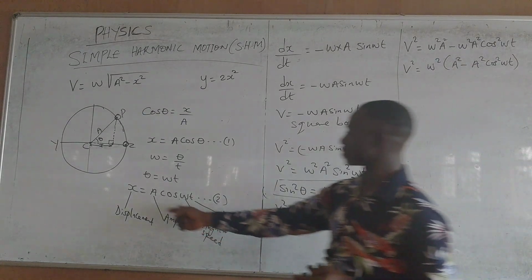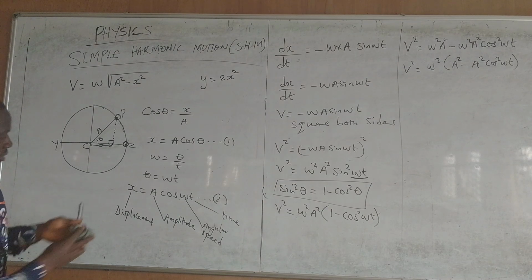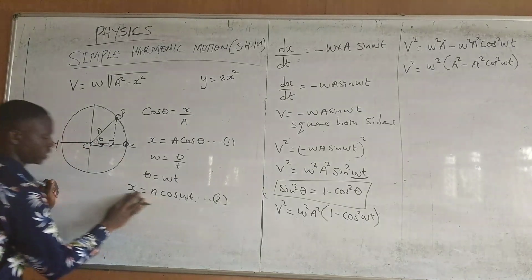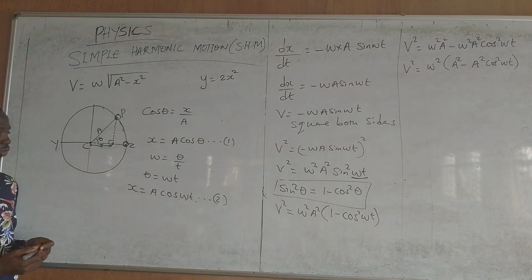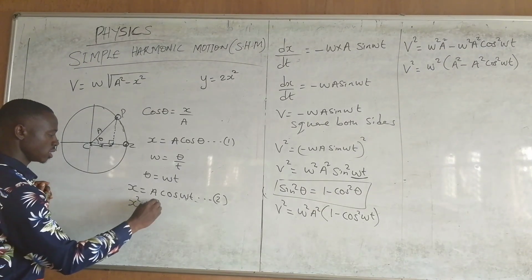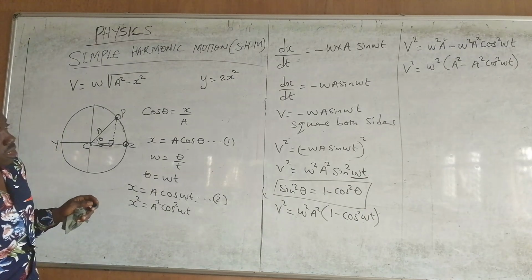Now let's come back here. You remember this? Let's square both sides of the equation here. What do we have? X square equals a square cos square omega t.